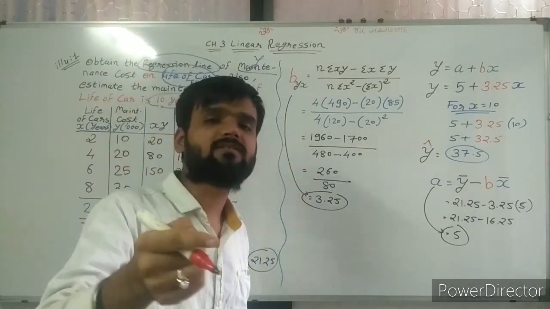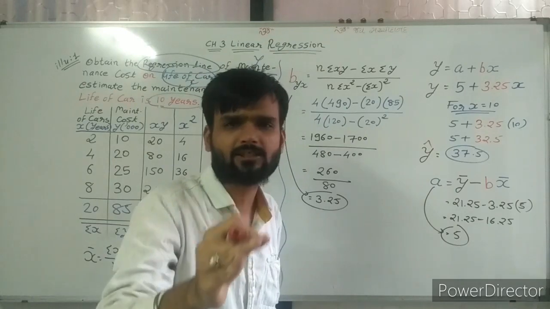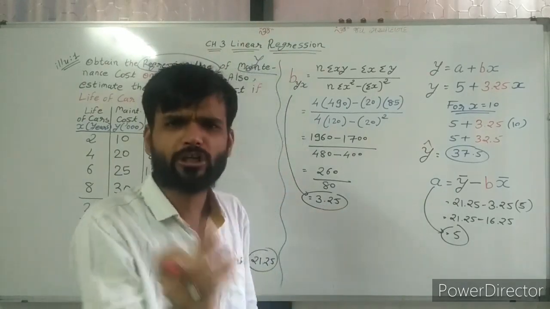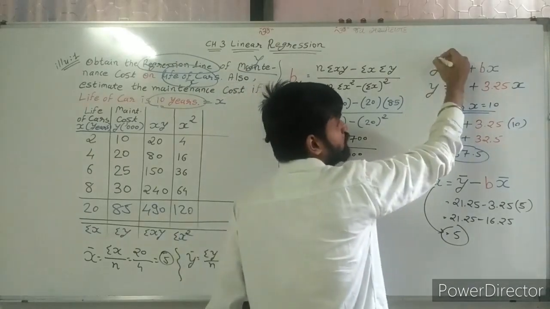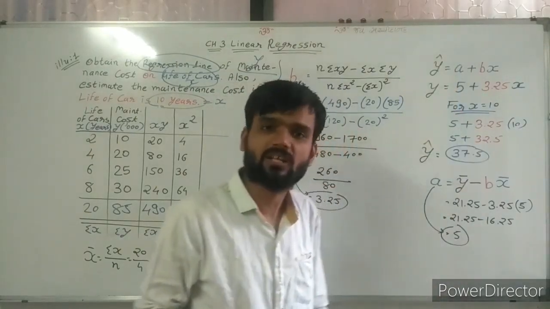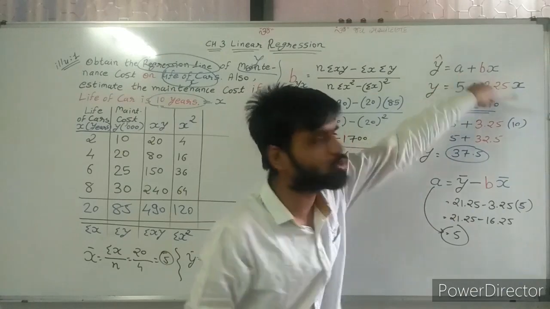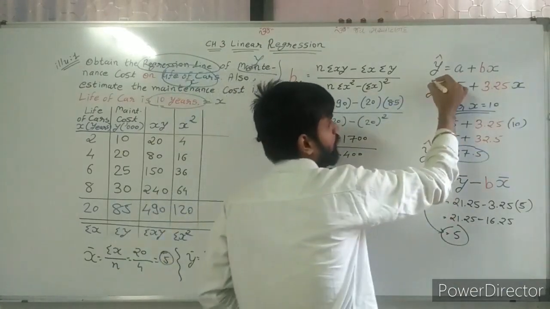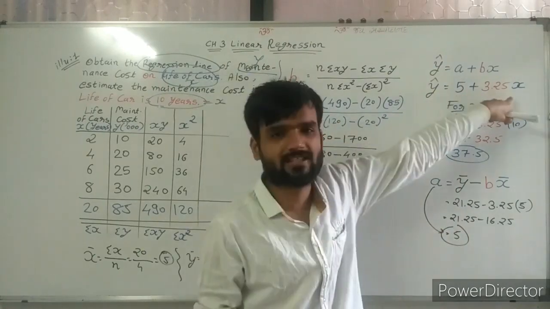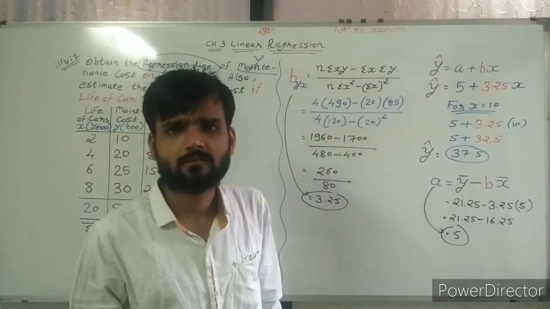Sir, because it's an estimated value. It's not a proper perfect value. It is nearer to that value. And that's why in the regression line also we are writing cap. Y cap is equal to a plus bx.